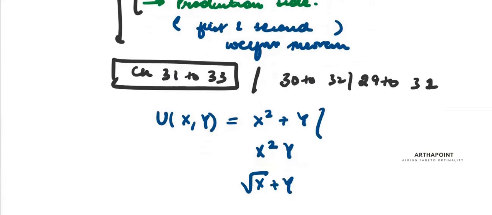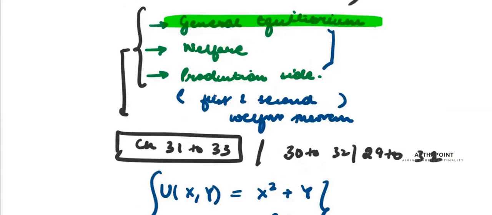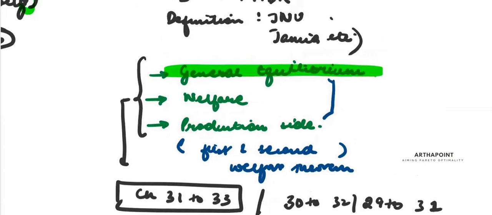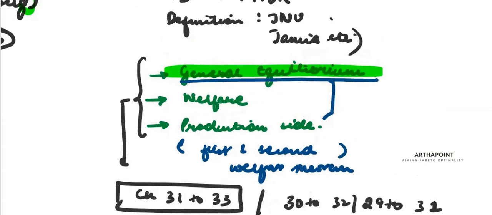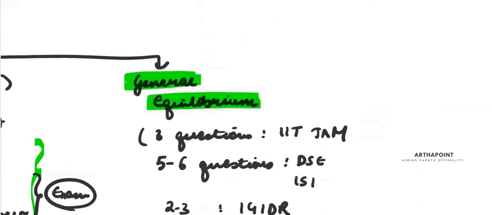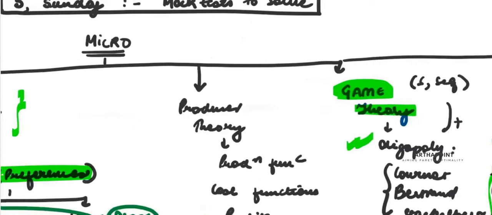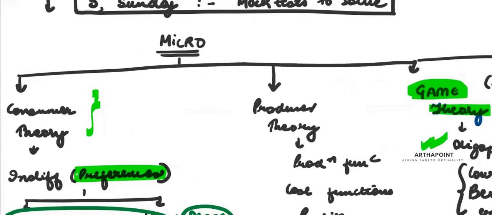How do I plot these indifference curves? I have to understand that way. So only then I can go to general equilibrium. That is why I can only take this topic post I am thorough with these 3 important topics.